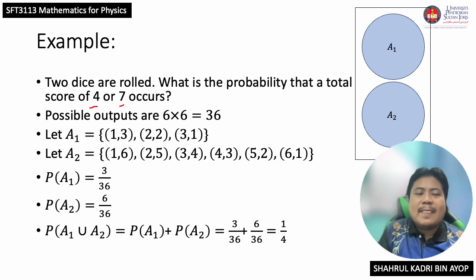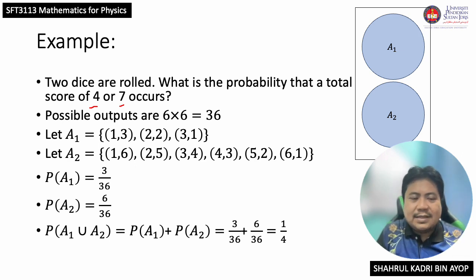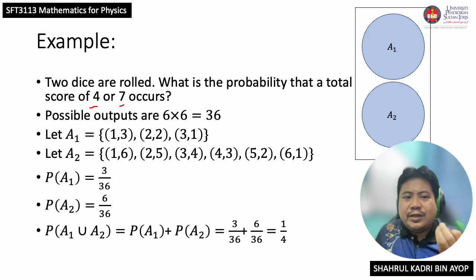That's why we call it mutually exclusive. So by our previous axiom, the probability of events A1 and A2 occurring, A1 union A2, because they are mutually exclusive, is just the addition of the individual probabilities.